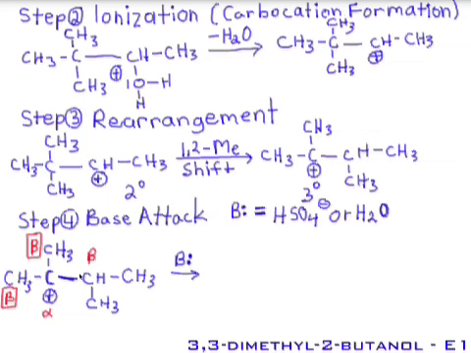If I pull an H off the beta that's not in the square box, I get this guy. And if I pull an H off one of the betas in the square box, so one of those methyls, this one, I get this alkene.